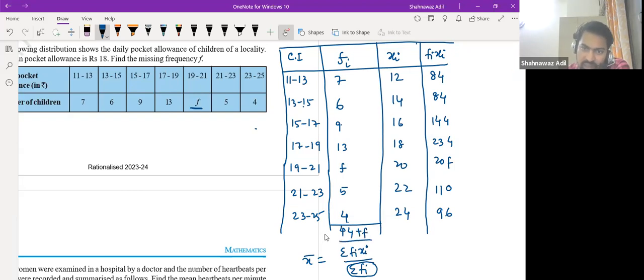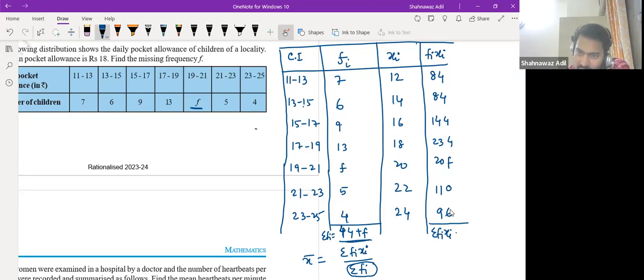So this is the summation of fi, 44 plus F. Understood?